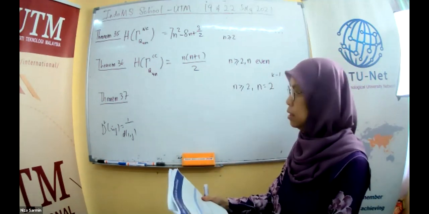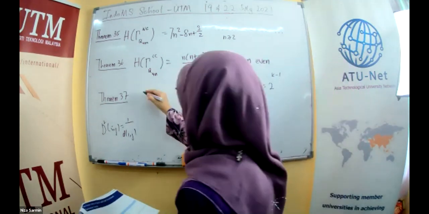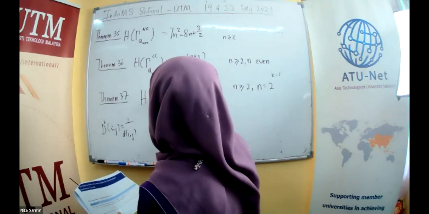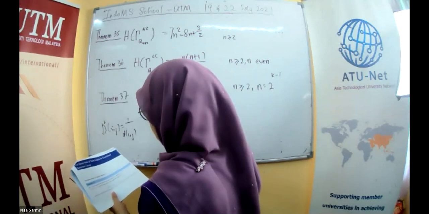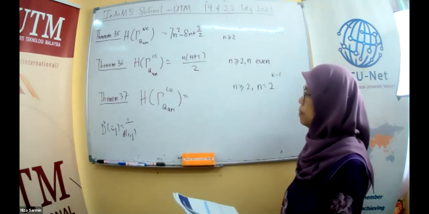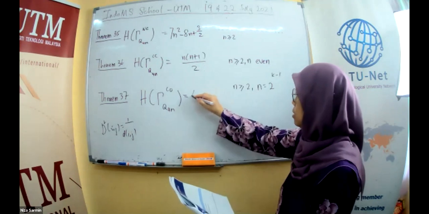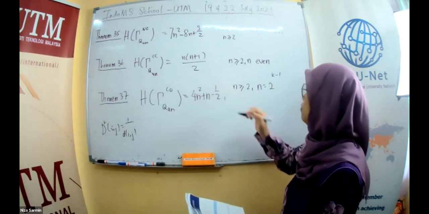Okay, for the co-prime graph. So H of the co-prime graph for the Q, is 4n squared plus n minus 1.